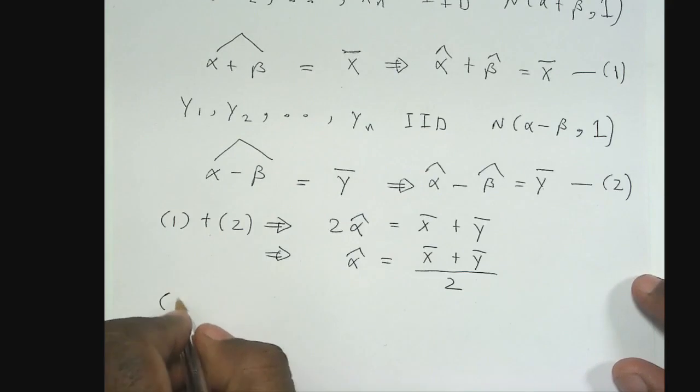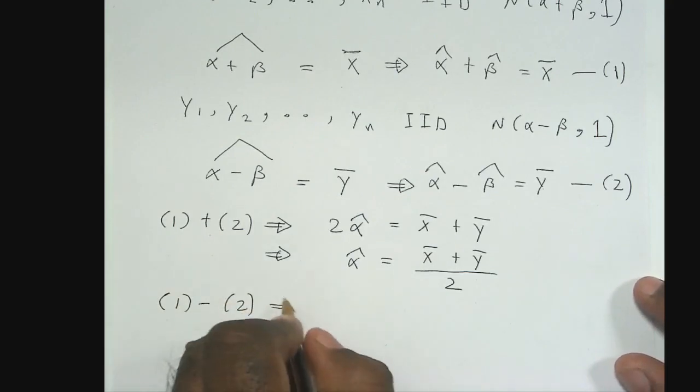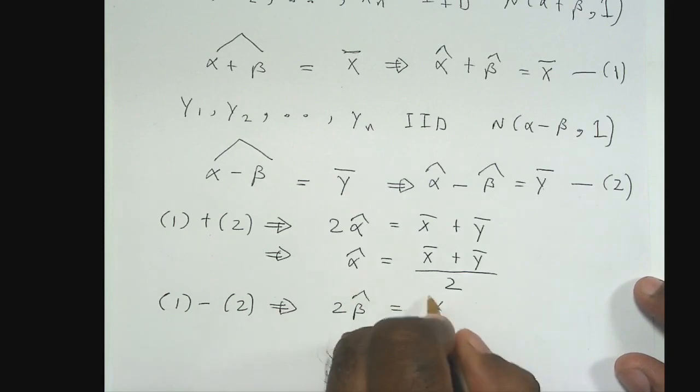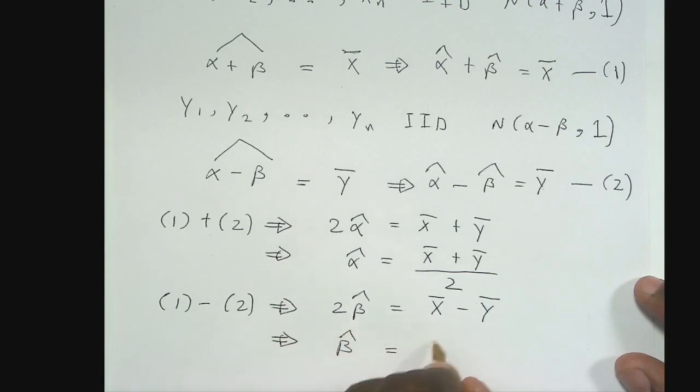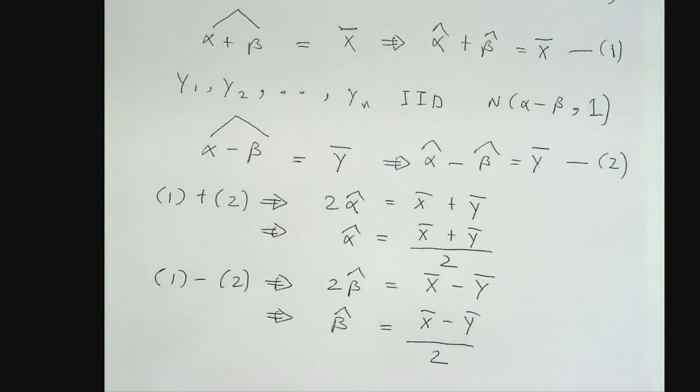On the other hand, if you subtract equation 2 from equation 1, you get 2 beta hat is equal to this, which implies that beta hat is equal to x bar minus y bar divided by 2. So this is one way to do the problem. There are other ways to do it.